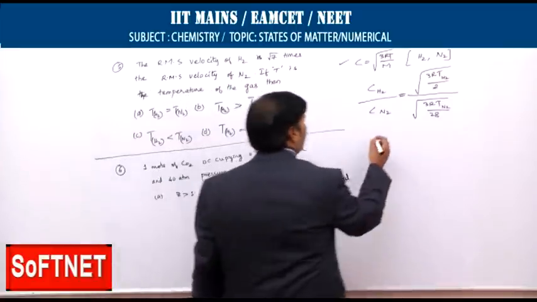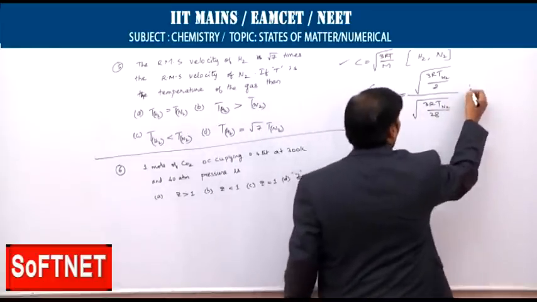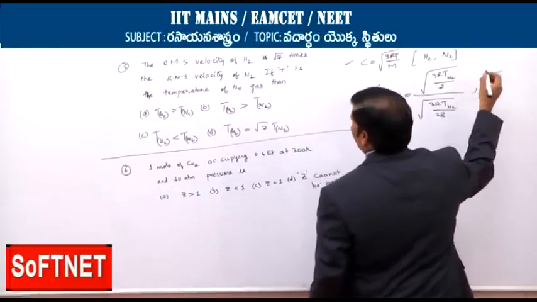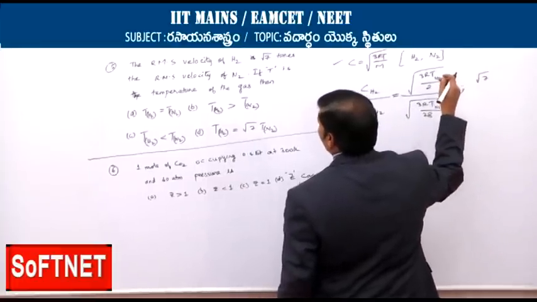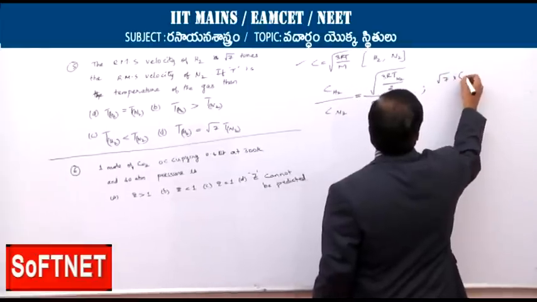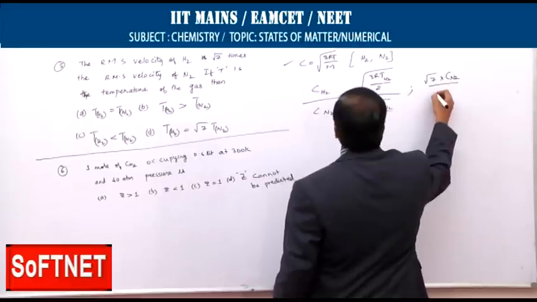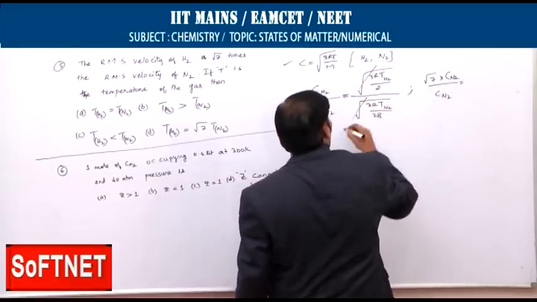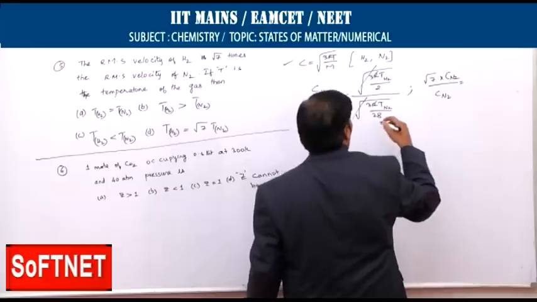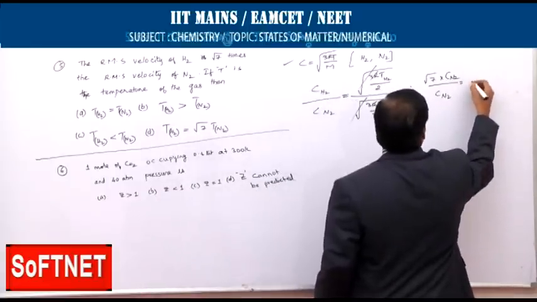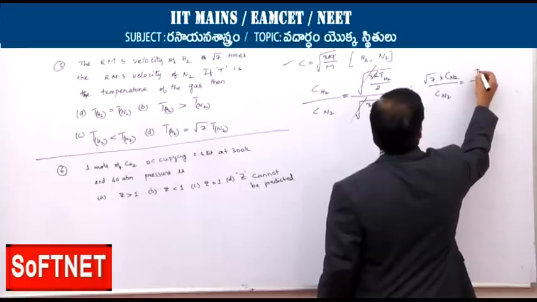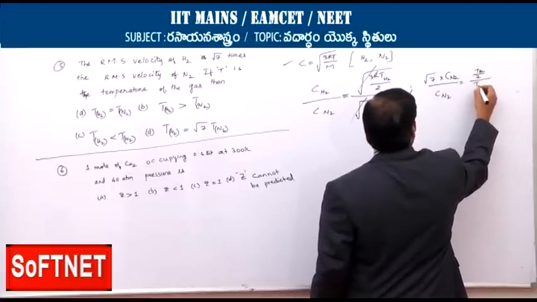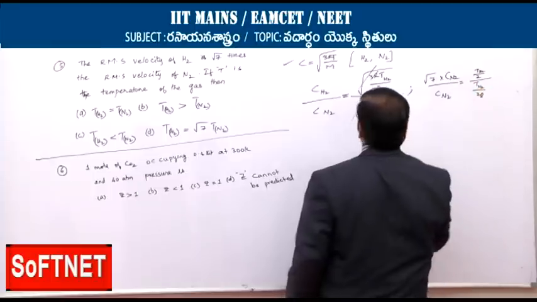So root 7 times the RMS velocity of nitrogen divided by RMS velocity of nitrogen is equal to, the root gets cancelled, 3R also gets cancelled. So this is going to be temperature of hydrogen divided by 2, divided by temperature of nitrogen divided by 28.